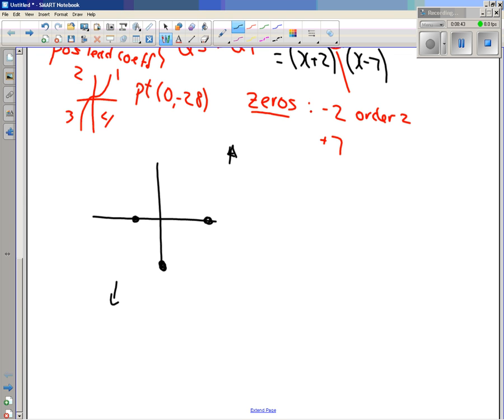It acts like a quadratic around negative 2, so it's either going to go like that or like that. And the only way for it to work is if it starts here, goes like that, and out. So that's a graph of the function f times g.